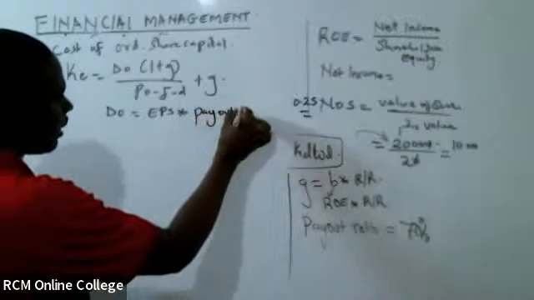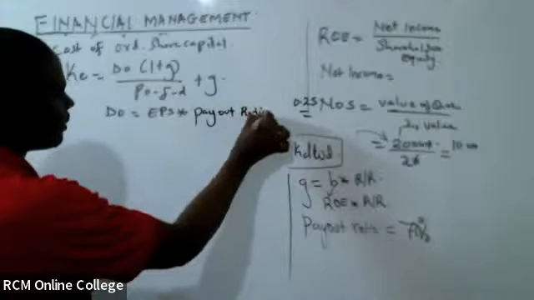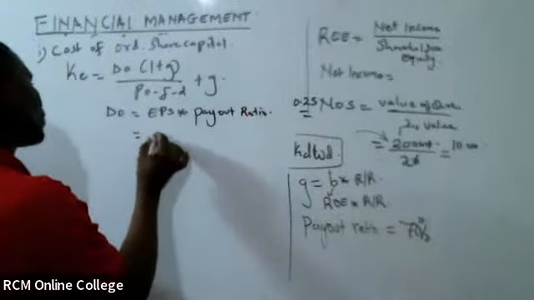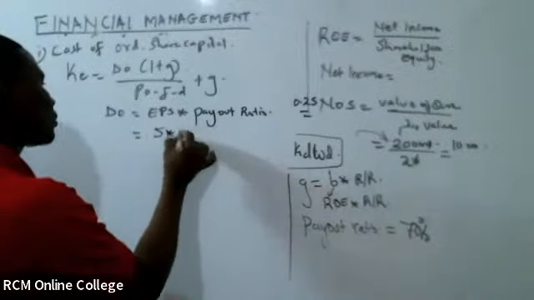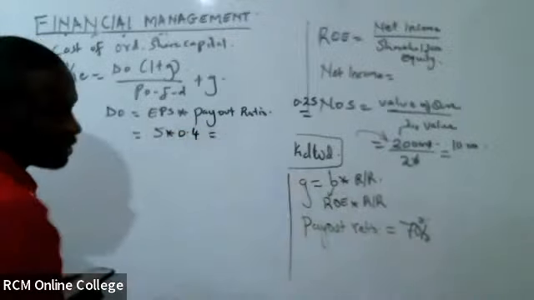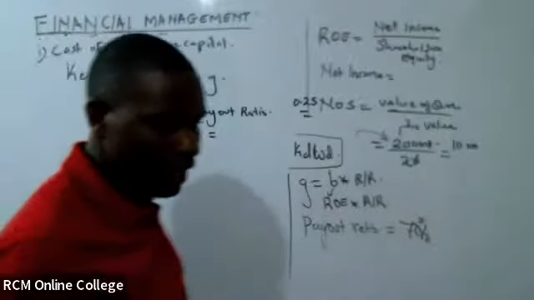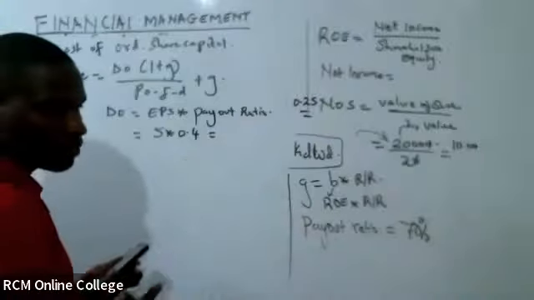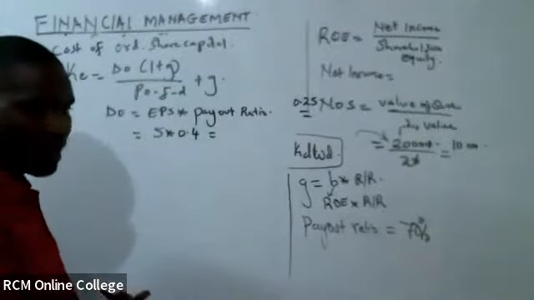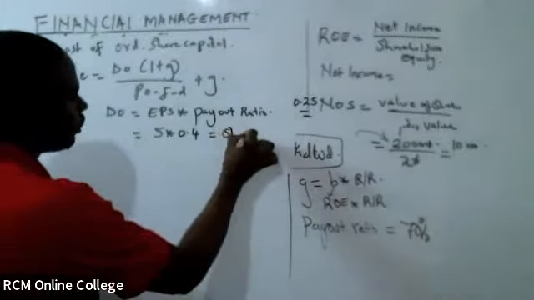Hapa examiner alikuwa hatari zaidi, and the payout ratio was 0.4. So can you give me the DO? What is the DO? Yeah, Lulu, asante. Thank you. Remember, we are together in this. So it's 2 shillings.